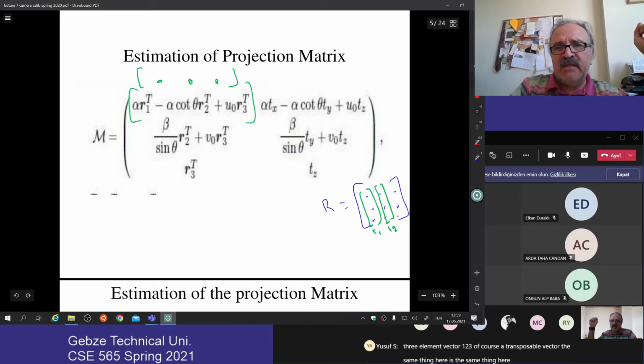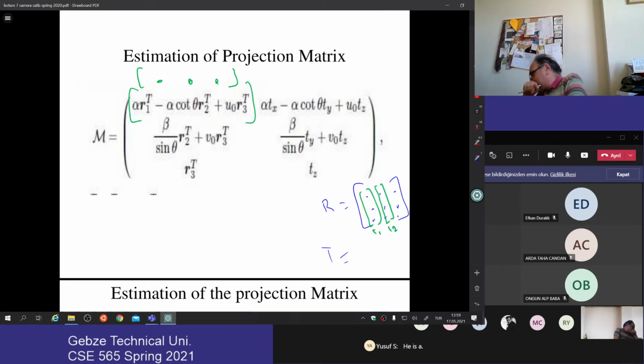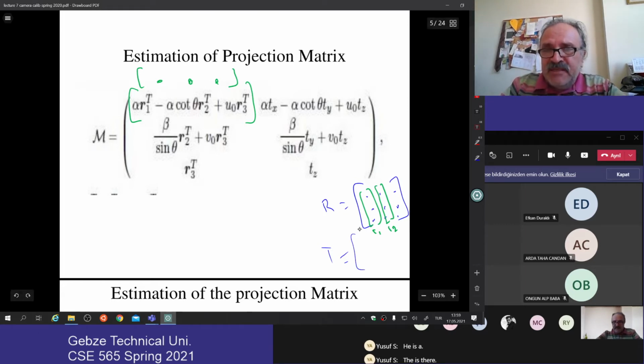How about this side? This one says alpha times Tx. T is a 3-element translation vector. Its elements are Tx, Ty, and Tz.